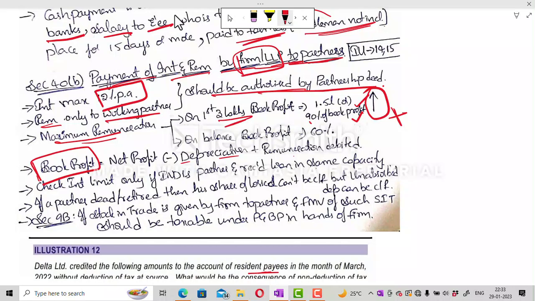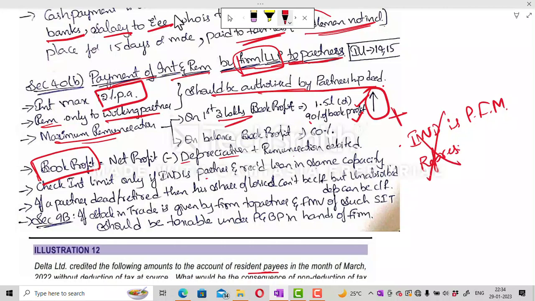And check the interest limit only if the individual is a partner and received the loan in the same capacity. See, an individual is a partner in a partnership firm, but he received a loan as a representative of some other person, and got interest on behalf of that person.